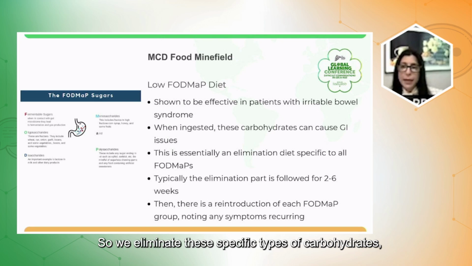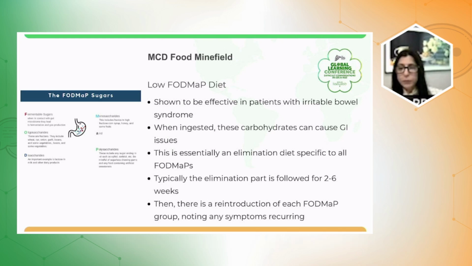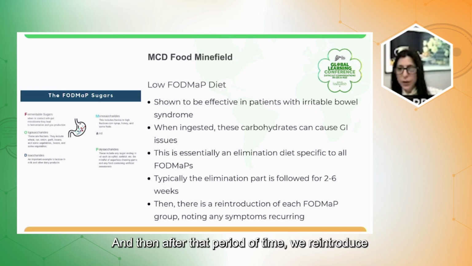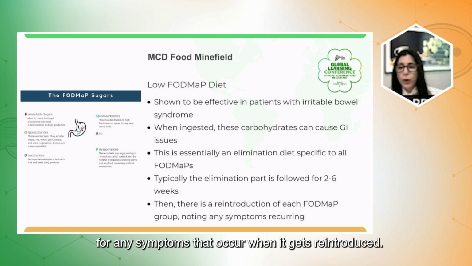So we eliminate these specific groups of carbohydrates for somewhere between 2 and 6 weeks. And then after that period of time, we reintroduce each group one at a time to, again, look for any symptoms that occur when it gets reintroduced.